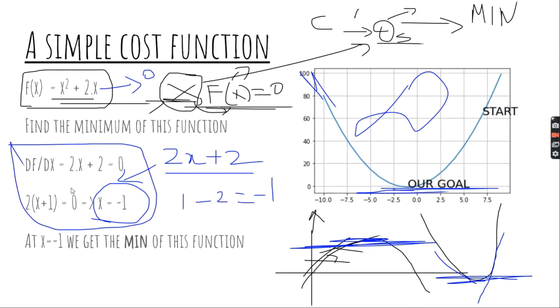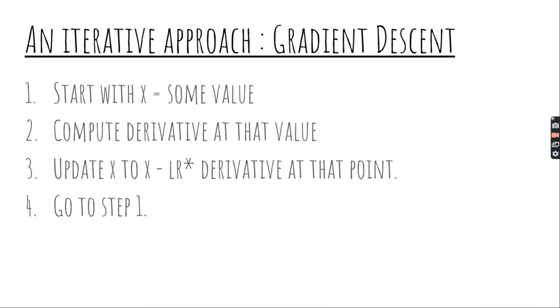But we can't always do this because of computational issues, and because sometimes this just does not exist for certain functions, for the complex functions. So what we do is we do an iterative approach, which is called gradient descent in this case.